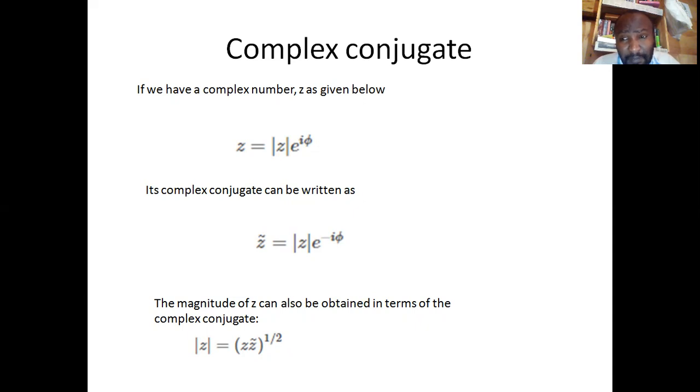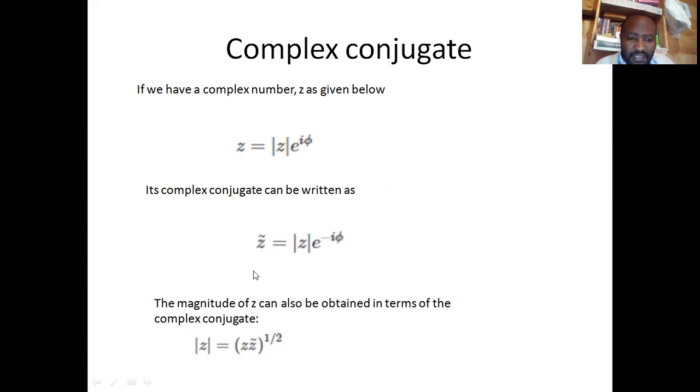Every complex number has got its complex conjugate. And so if you are given a complex number like you are given here, the first equation, then its complex conjugate is shown in the second equation.